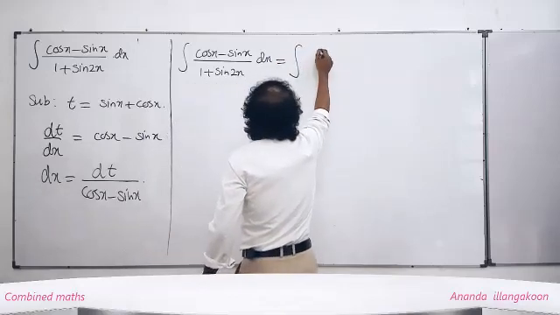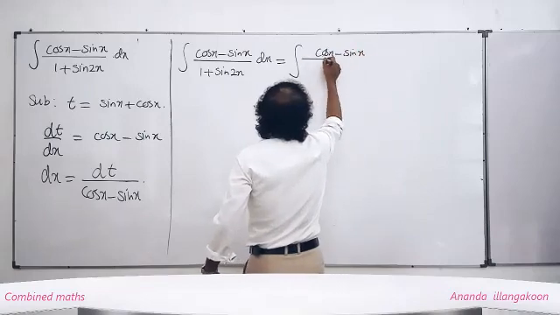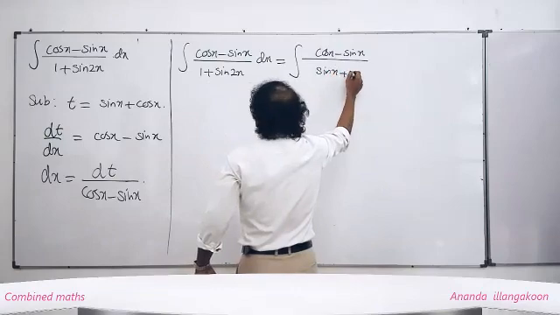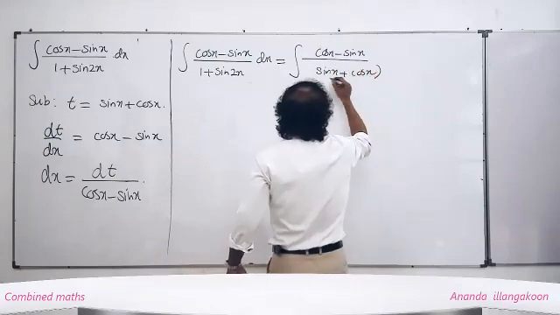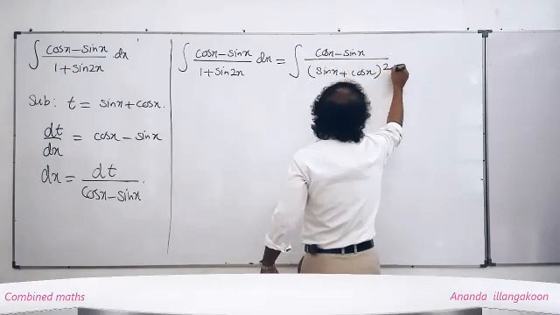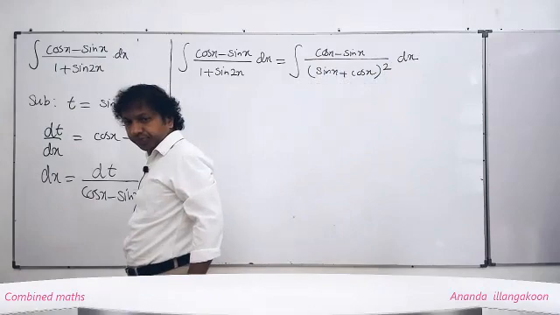This one I can write as cos x minus sin x divided by, this is sin x plus cos x perfect square, no? Like this we can write now.